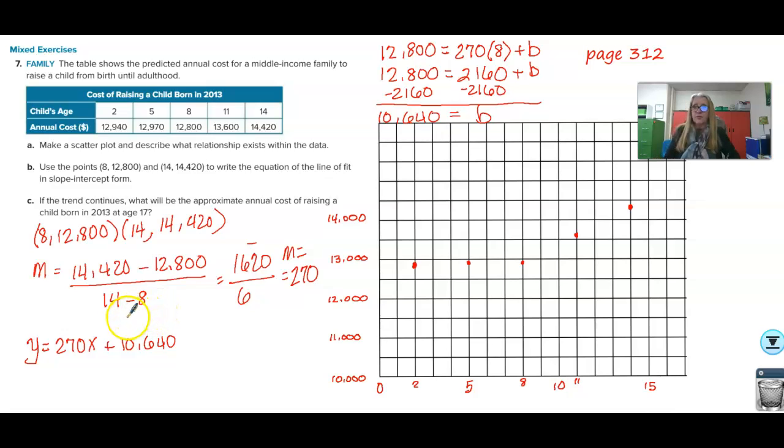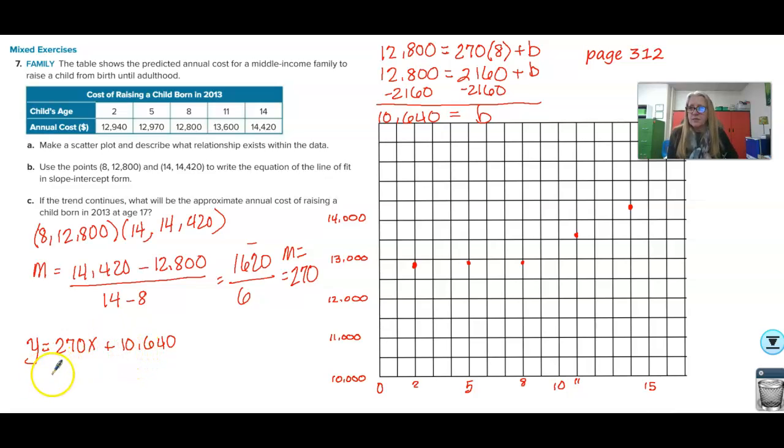Okay. Now, if the trend continues, what will be the approximate annual cost of raising a child born in 2013 at age 17? Okay, so they're saying that the child would be 17.